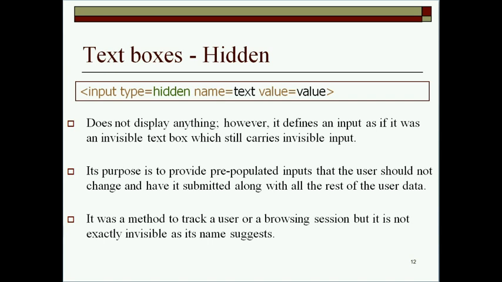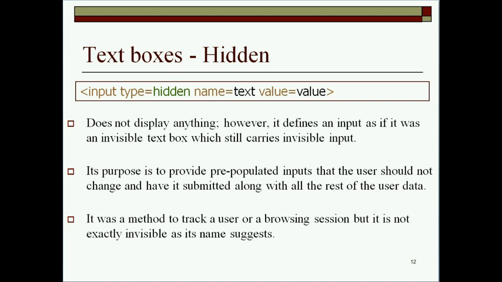So why is it used? It is used to provide a prepopulated input that the user should not change, but have it submitted along with all the rest of the user data to the server.